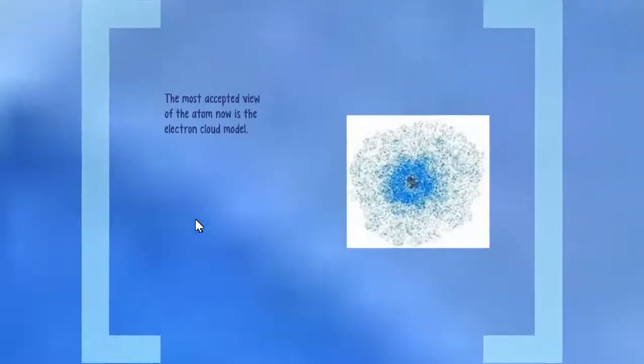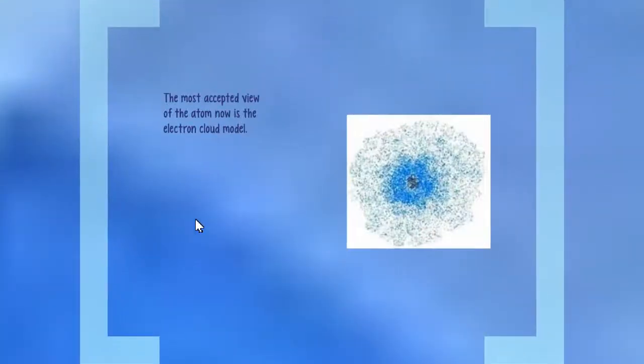So, in essence, this is the most accepted view of what the atom is now. It came from this idea that it was an indestructible, indivisible sphere, into this idea of the plum pudding where there's this goopy stuff and electrons kind of scattered throughout, to this idea that there's a densely packed center and everything is kind of on the outside running around that densely packed center in the same space, to a solar system model in which we have electrons running around the atom in different levels, like a solar system.